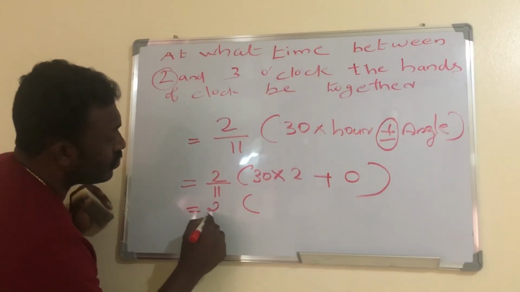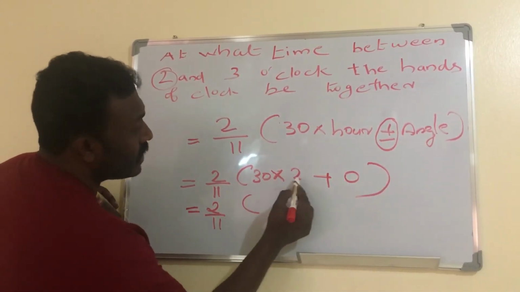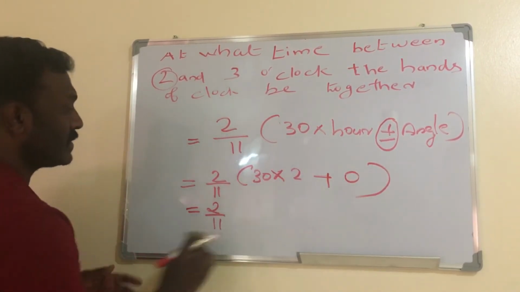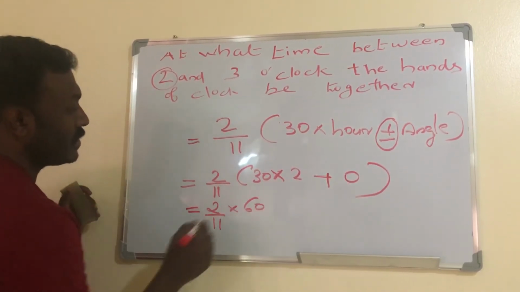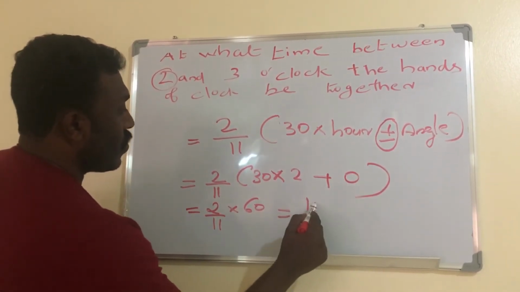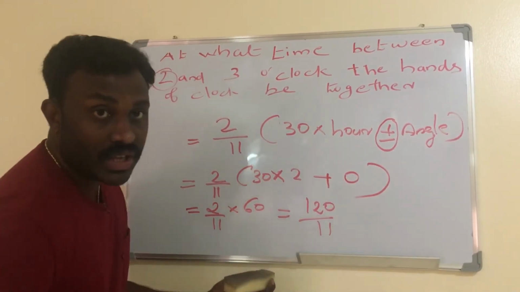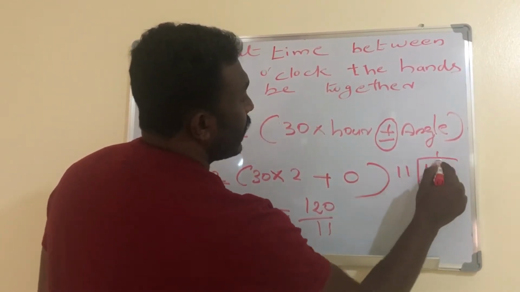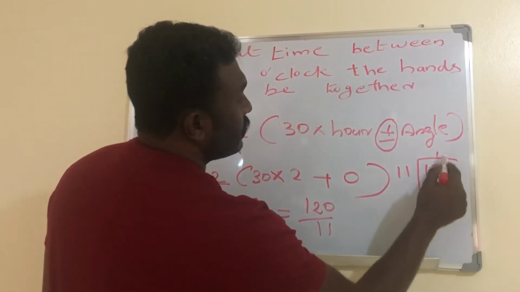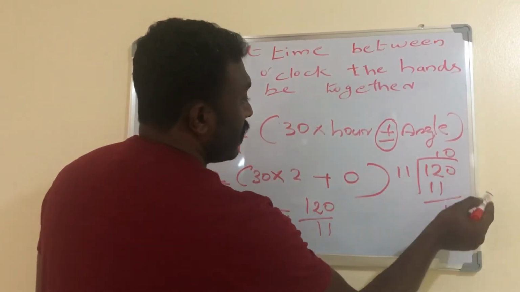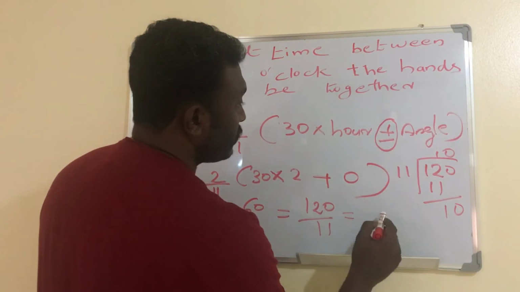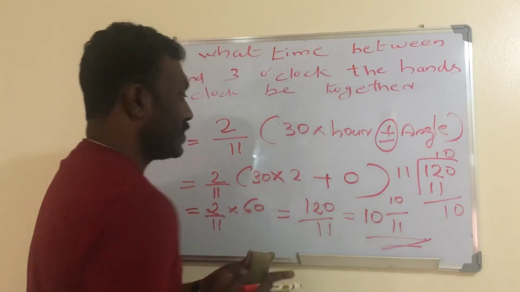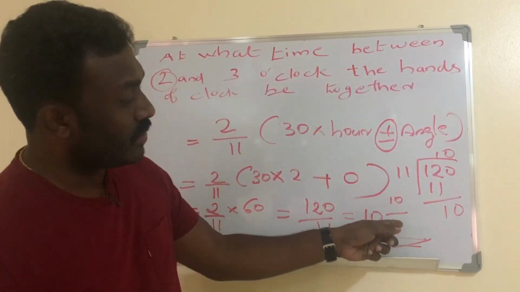Okay, let's solve. 2 by 11, 30 into 2 is 60, plus 0, that is 120 by 11. When you divide 120 by 11, you will get the answer 10 10 by 11.